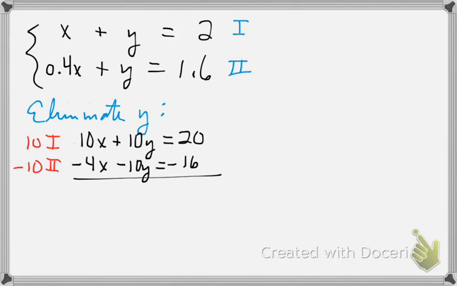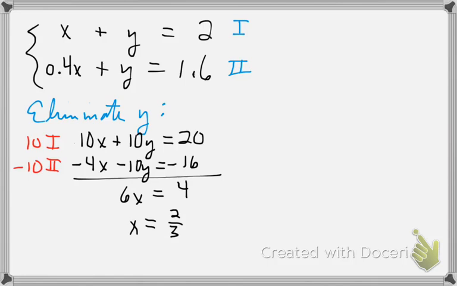In which case I get 6x equals 4, meaning x is 2/3. You guys agree?